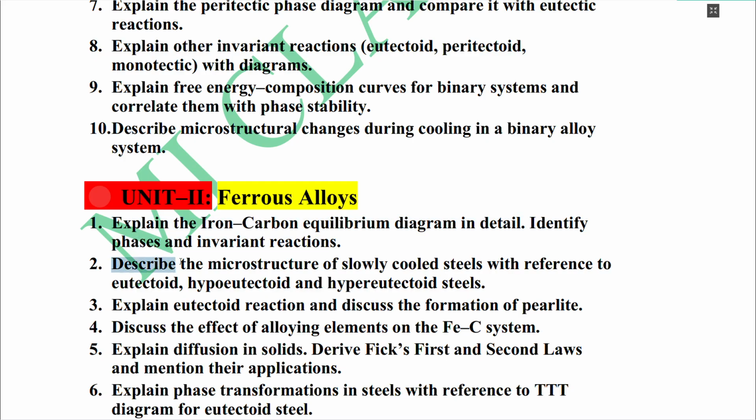The second question is: describe the microstructure of slowly cooled steel with reference to eutectoid, hypoeutectoid and hypereutectoid steels. The next question is: explain the eutectoid reaction and discuss the formation of pearlite. The next question is: discuss the effect of alloying elements on the iron-carbon system.